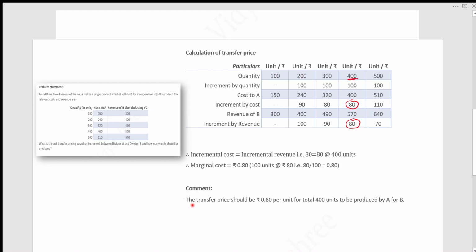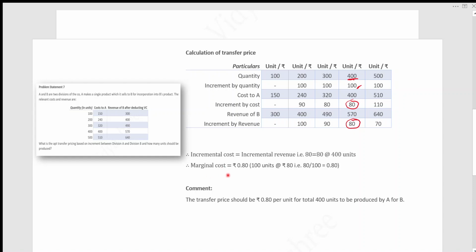Let's see the marginal cost for it. The incremental units is 100. To produce these 100 units, at rupees 80, because both are equal. How can you calculate? 80 divided by 100, you get 0.80. That's nothing but the marginal cost.